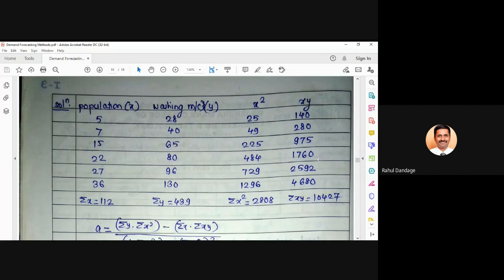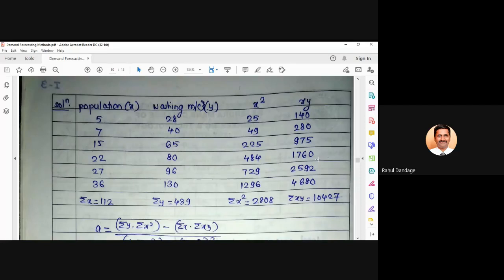So these are the first two columns. Try to find the summation for X and summation for Y using the first two columns. Similarly, calculate the third column, which is X square: 5, 7, 15, 22, 27, 36, square of these.